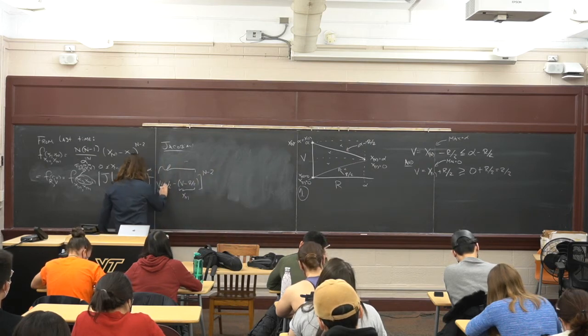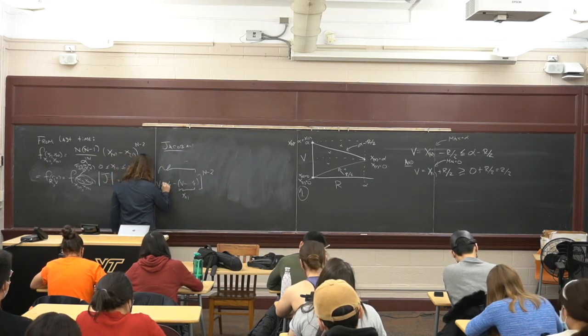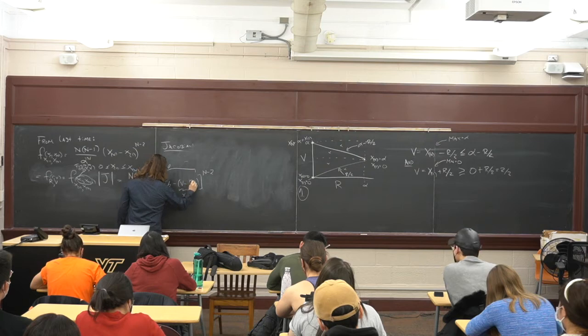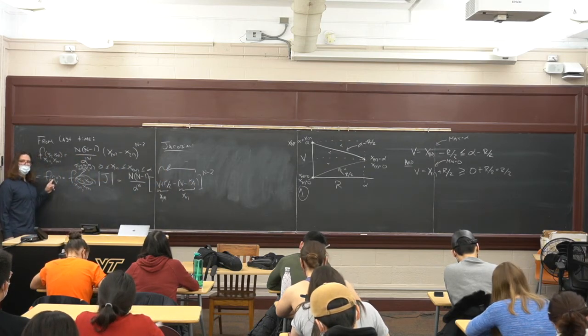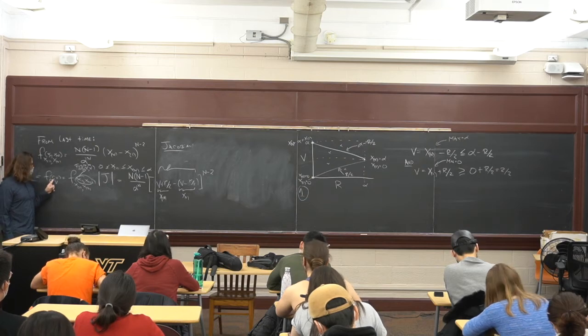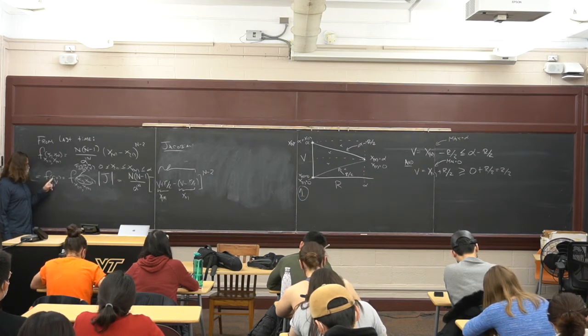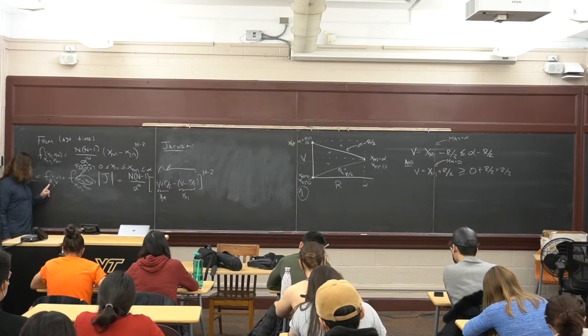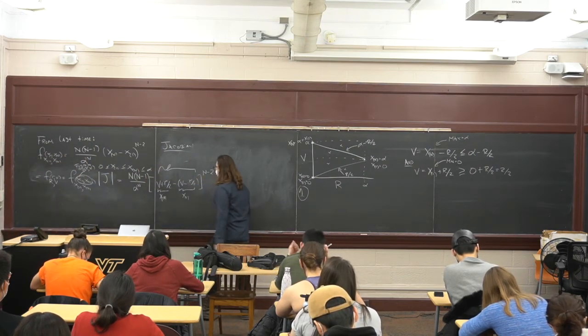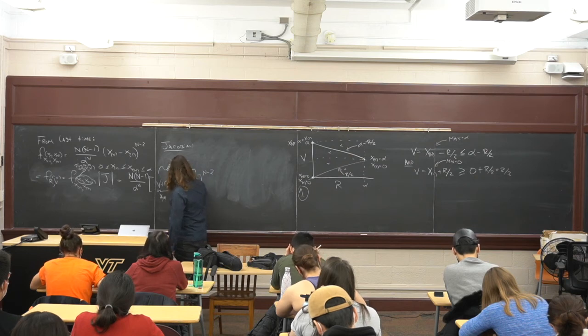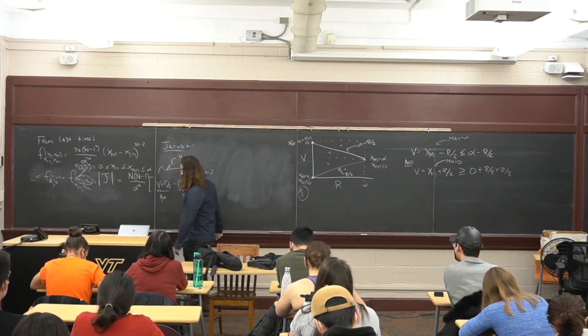Oh, and I did change my notation. I was calling this little r right here. So I'm just trying to distinguish the functional arguments from the random variable. So that's just r raised to the n minus 2 power.